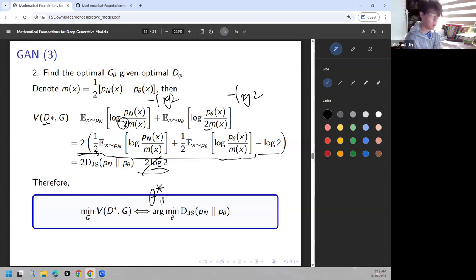We can see we use a prior distribution and we try to find a map from the prior to the real data distribution. And because we cannot write the PDF down, we use a discriminator to provide a signal for optimizing the generator, or the mapping function.